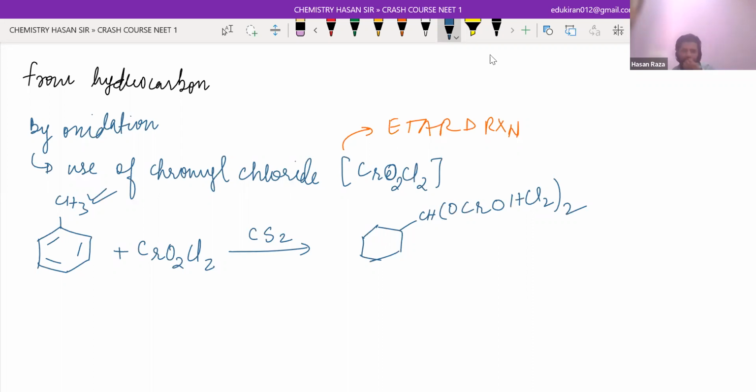Actually, what happens, you can see this term, this is CrO2Cl2. You can see Cr, then O2, and then Cl2. This CrO2Cl2 is going to add with this, and two hydrogens will be there, so it will be twice. And after this is your chromium complex.